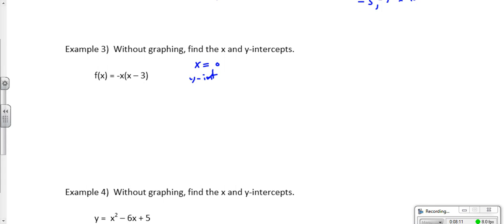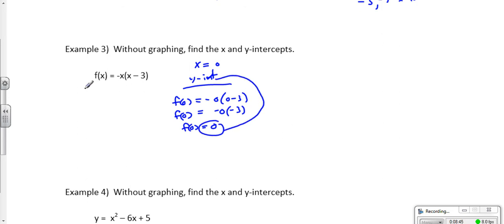So x equals 0, so I have f of 0, I'm plugging in 0, and I get negative 0, parentheses 0 minus 3. 0 minus 3 is a negative 3 times 0 and we get 0. So the y-intercept is 0.